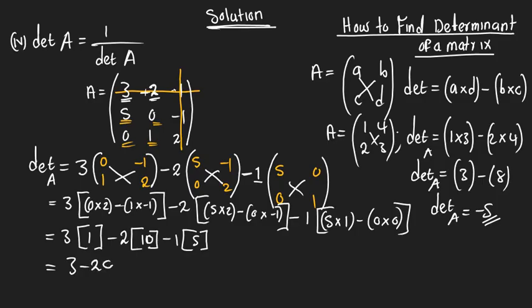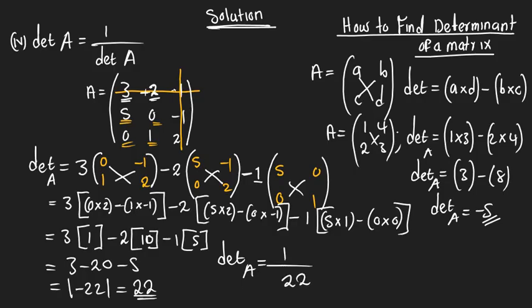3 minus 20 minus 5. Determinant is always in absolute value. So this is giving us 22. So what's the determinant of A? Our determinant of A is equal to 1 over 22.